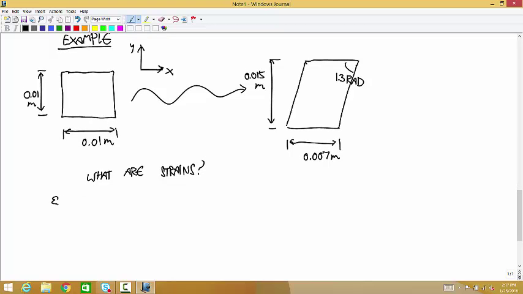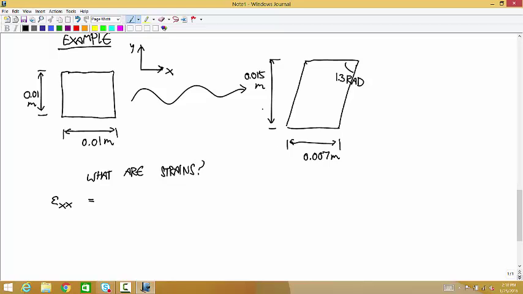So start out with the normal strains. The X normal strain is the deformed. Okay, well first let's think through this.